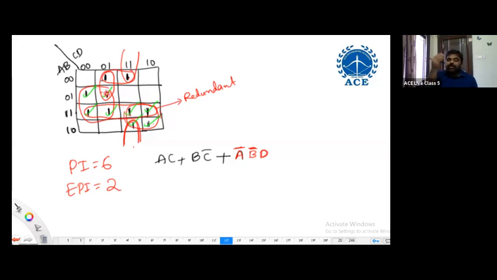One mistake leads to all other mistakes. If you are not grouping this one, essentials become 3, and this is becoming redundant. This is also becoming redundant. If you consider this grouping, then essential prime implicants are 2.